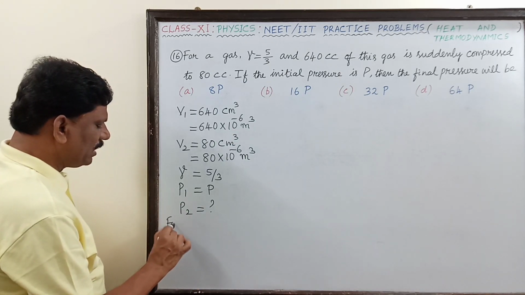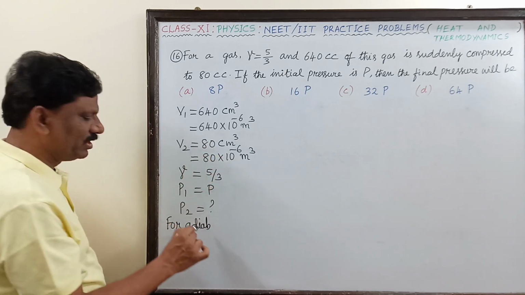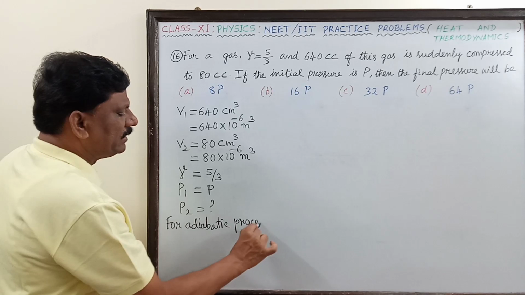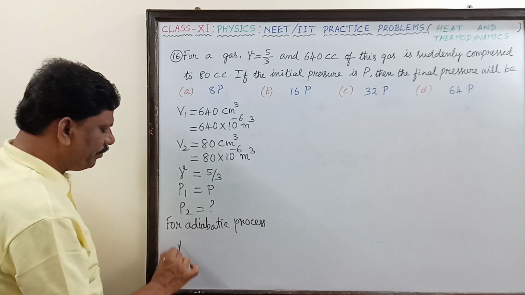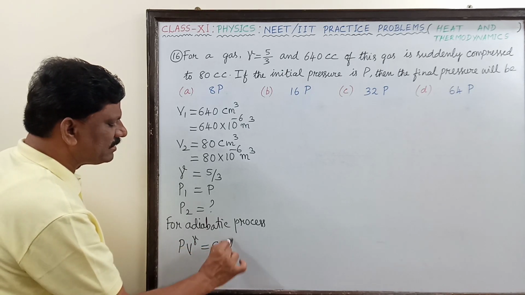So for adiabatic process, actually here it is compression, the equation of state relating pressure and volume is PV power gamma is equal to constant.